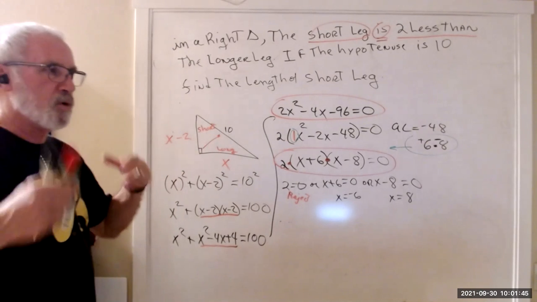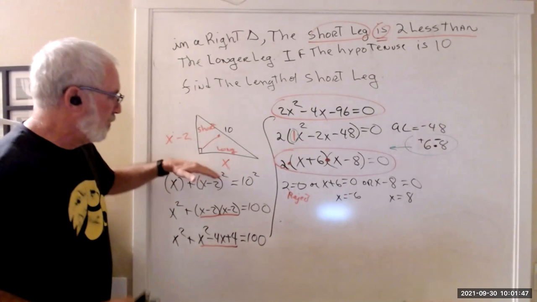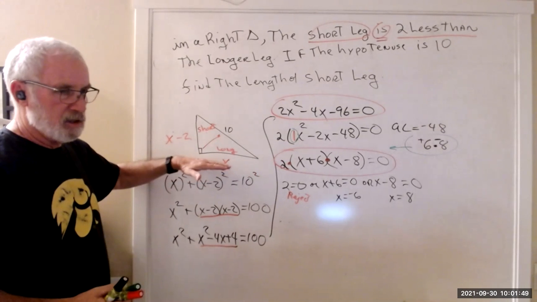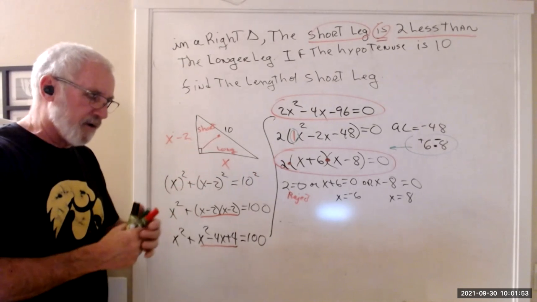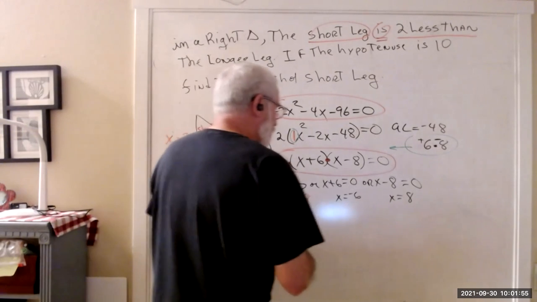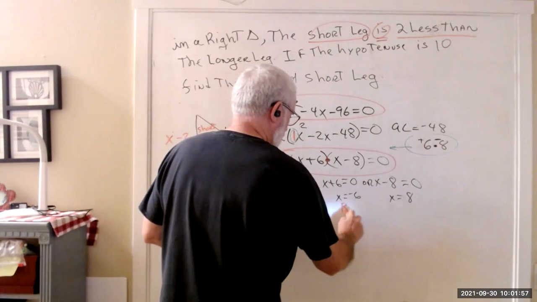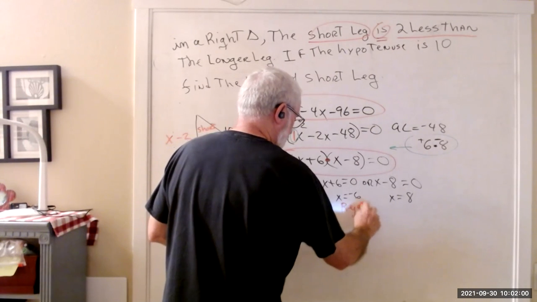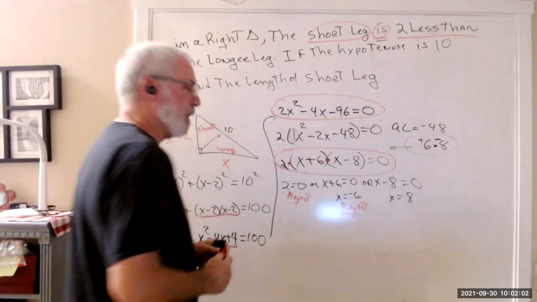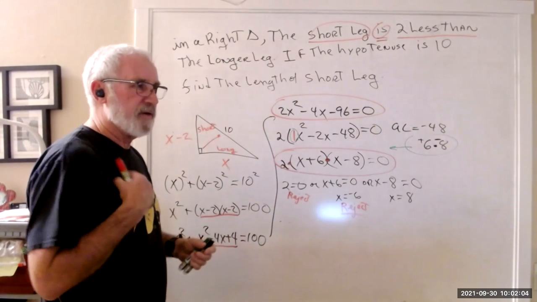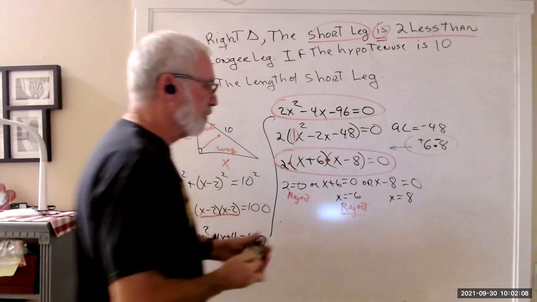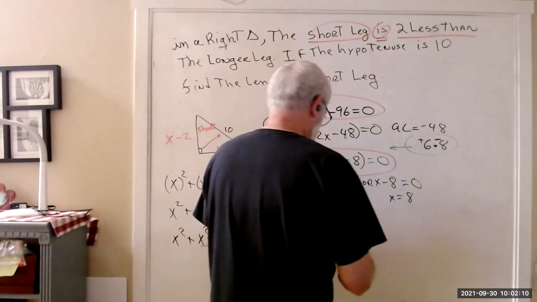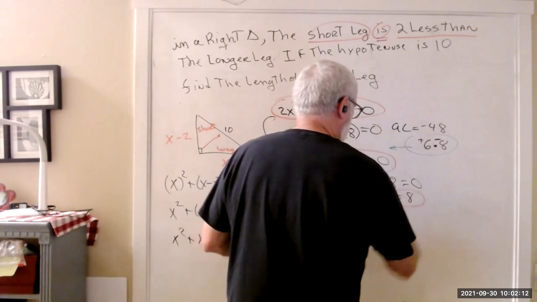This is more or less reality. You can't have a length that is negative. You don't have a ruler that can measure negative numbers. So this is a reject. We can throw that out because you can't have negative numbers. And we kind of talked about that a little bit last night. So the only answer for x is 8.